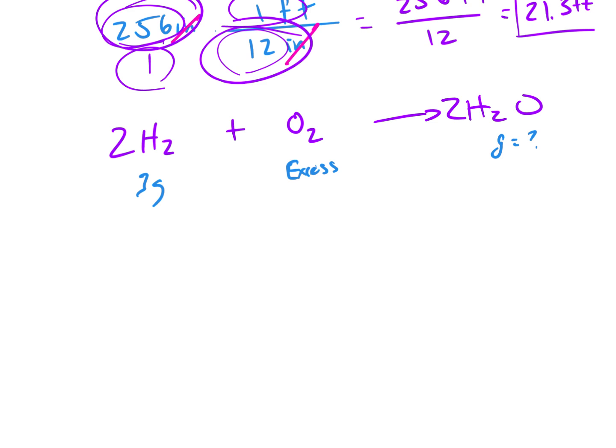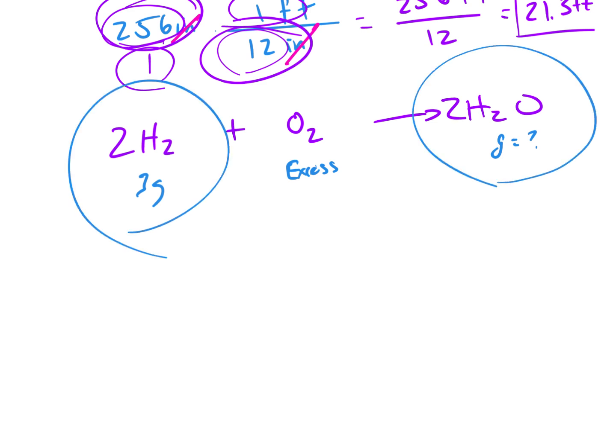Now, ladies and gentlemen, don't try to understand this yet. We'll get there. But here's my question, and here's what I know. So what do I start with? I start with what I know. 3 grams of H2. And I know, you don't, but I know that there are 2 grams of H2 for every 1 mole of H2.